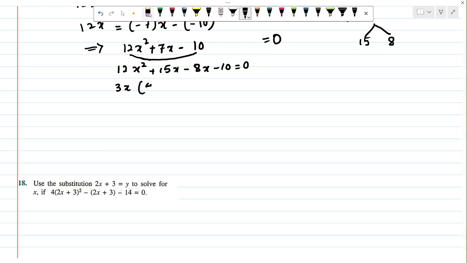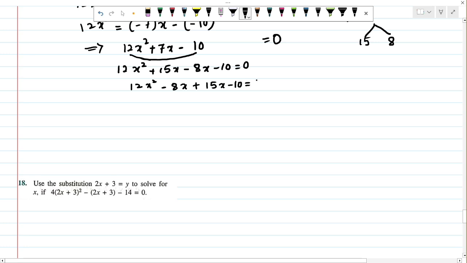So I'll write this as 12x square minus 8x plus 15x minus 10 equals 0, so it will be easy for me to take the common terms.